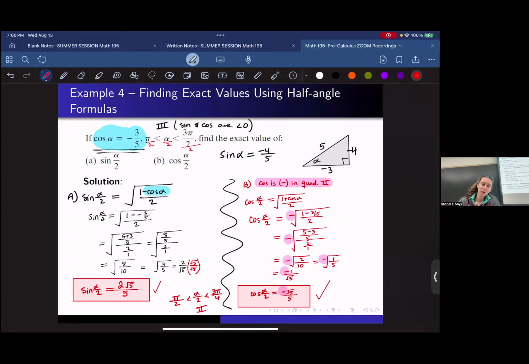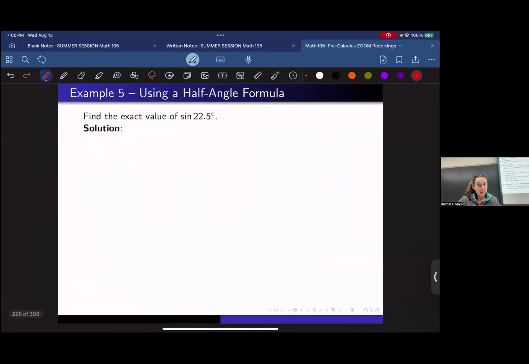Now let's move on to our last example for this section, where we're asked to find the exact value of sine of 22.5 degrees. And so again, we have our sine of alpha over 2 is equal to plus or minus the square root of 1 minus cosine theta all over 2.